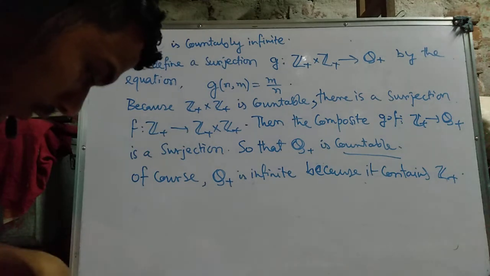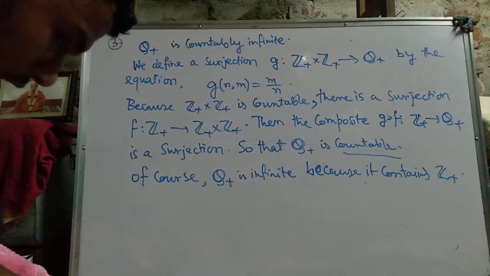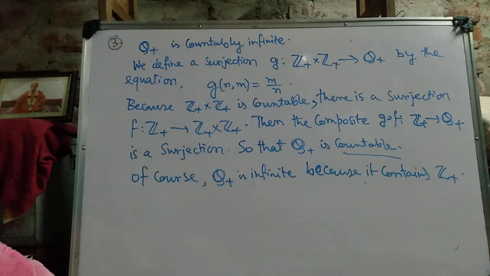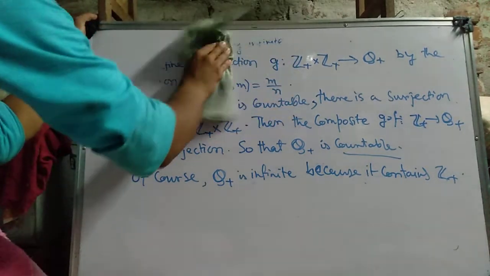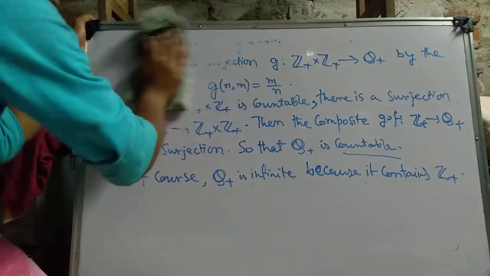Now we're going to show that a countable union of countable sets is countable. We erase these things.